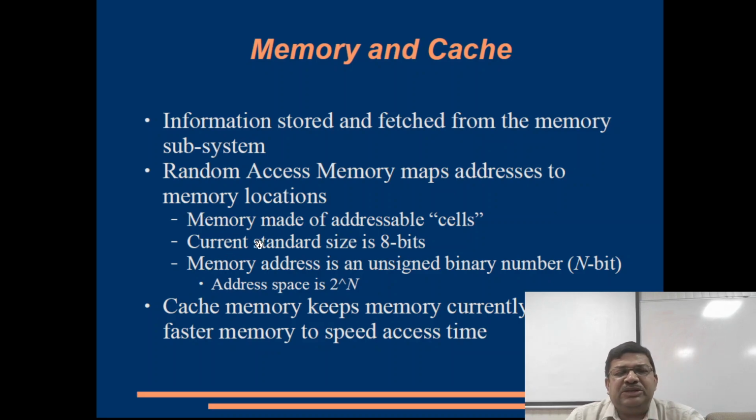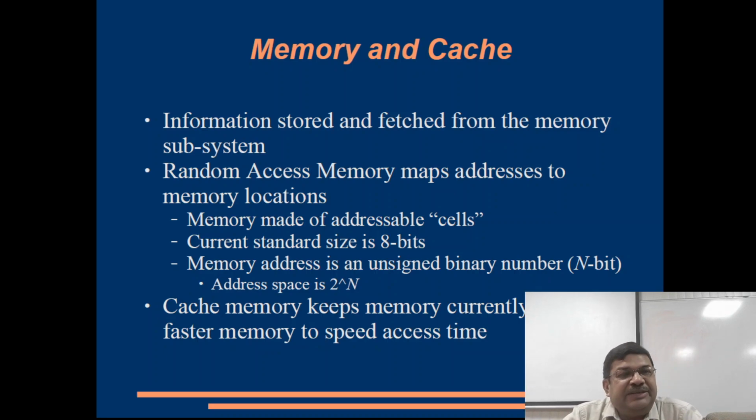So memories are made of addressable cells, and currently one cell refers to 8 bits or 1 byte. That's the standard, the building block. So you can say that 1 byte represents one memory cell.